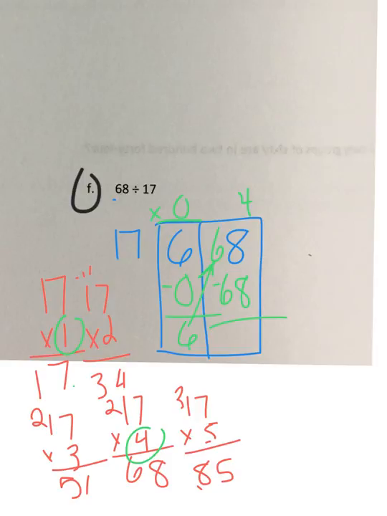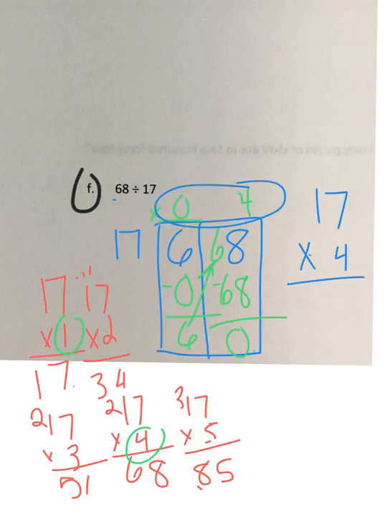So right ahead, I have 68 minus 68 is 0. I don't have any remainder. If I bring it up, there's nowhere to bring it to. My answer is 0 there. So my full quotient is 4. But I'm going to check and make sure I did this right. 17 times 4. Take my quotient, multiply it by my divisor, and I get 68.